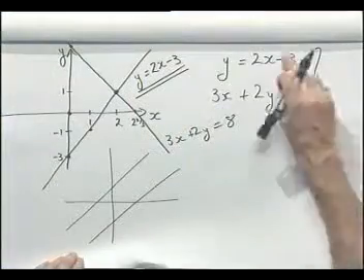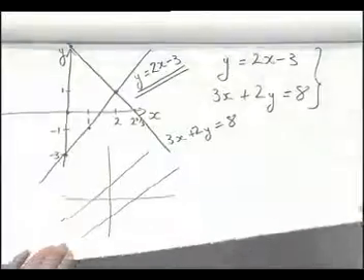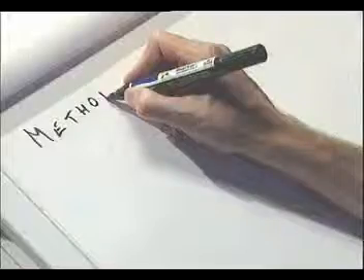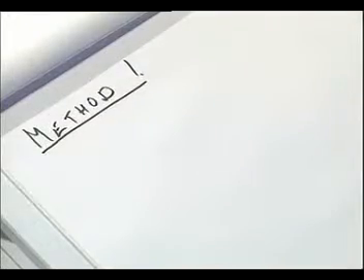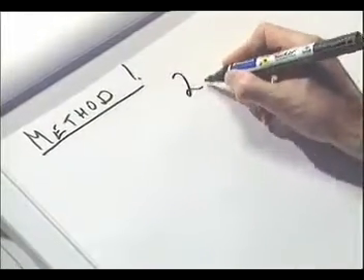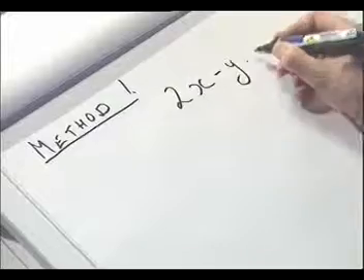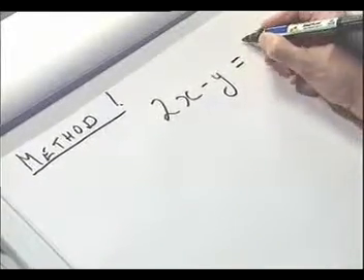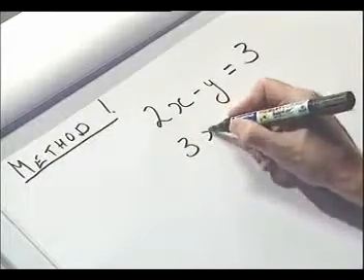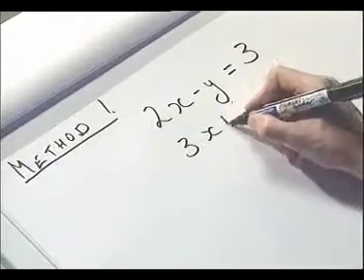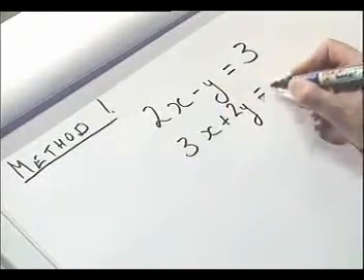So let's take these two equations. And we're going to look at two methods of solution. So we're going to look at method 1. Now let's begin with the original equation that we had. 2x minus y is equal to 3. And then the one that we put with it, 3x plus 2y equals 8.